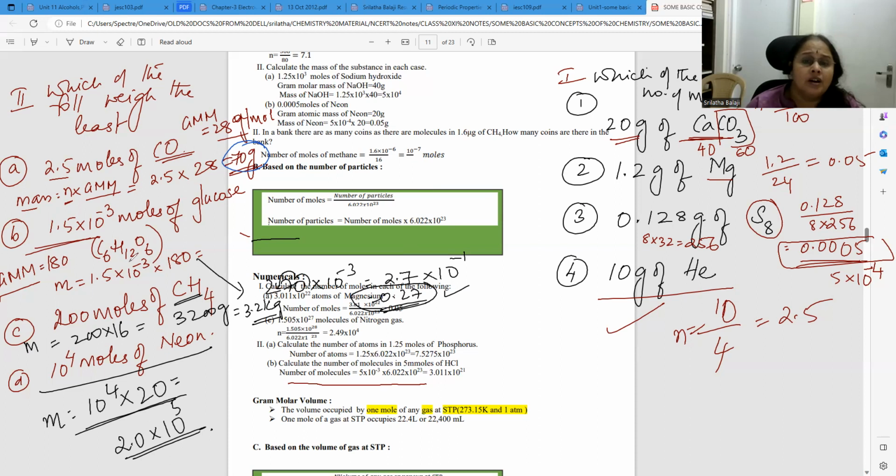And glucose, we got 0.27 grams. Then methane, we got 3.2 kg. And neon, we got 2 into 10 power 5. So which of them has weighed the least? Glucose. Exactly, 0.27 grams. So 1.5 into 10 power minus 3 moles of glucose is weighing the least. It looks like 180 is a larger mass, but how many moles we are taking is going to constitute the mass. Understood?